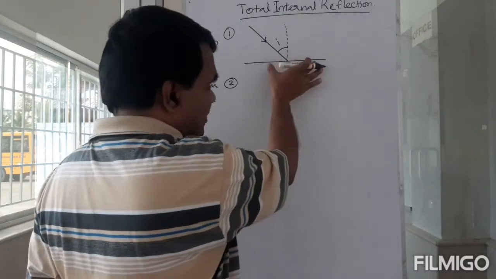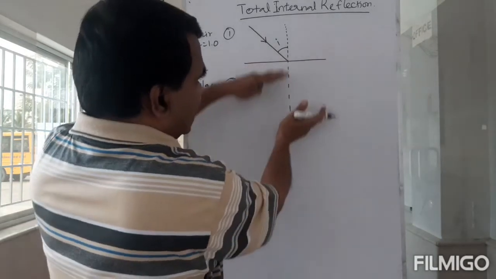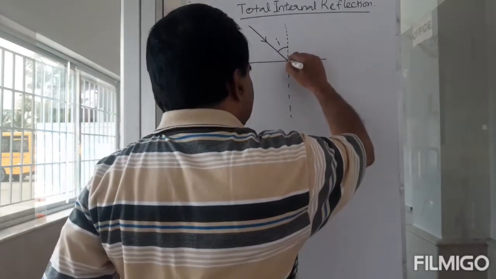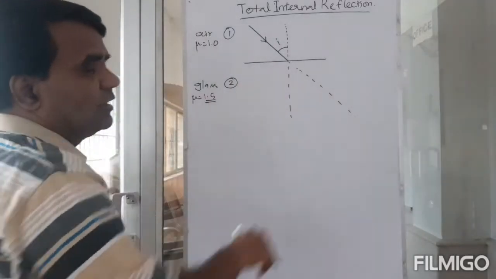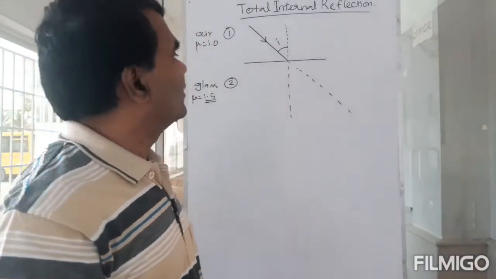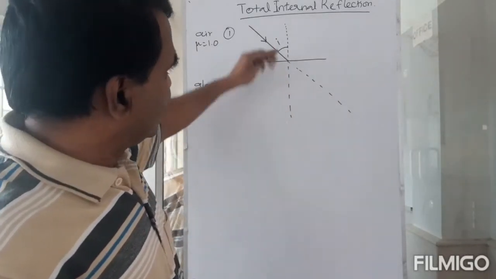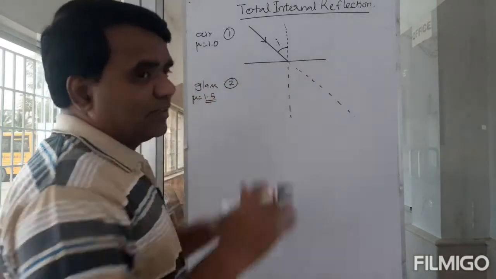If this glass was not there, if it was purely air, then the light would have continued its journey undeflected. But now, because it's entering into a different medium, it's going to bend.